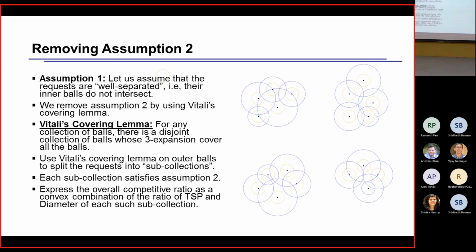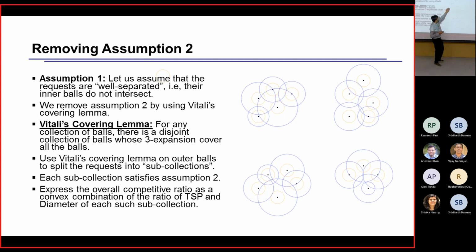So here's what we are going to do for our analysis to eliminate the second assumption. I'm going to take all the outer balls I have. Remember, the outer balls may not satisfy assumption 2. So I'm going to take all of them, apply Vitali's covering lemma, and divide my outer balls into subcollections.